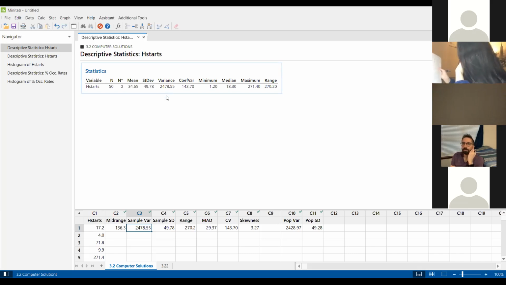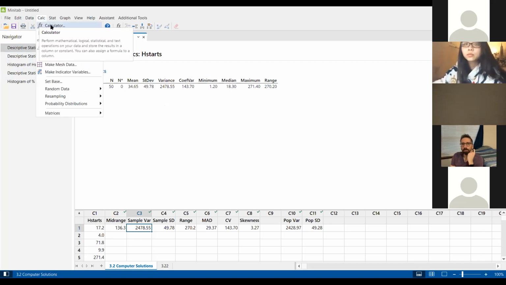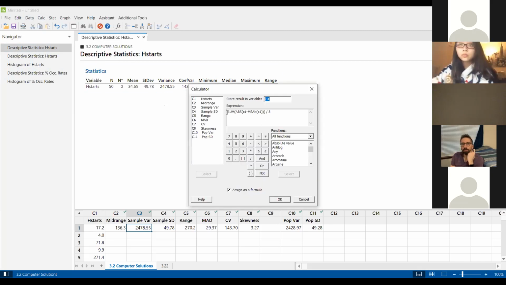Now, if you wanted to calculate the population variance, what you would do the long way is divide by 50. Instead of 49, you put 50 in there because n is 50. And then you get something a little smaller, because you're dividing by a bigger number.